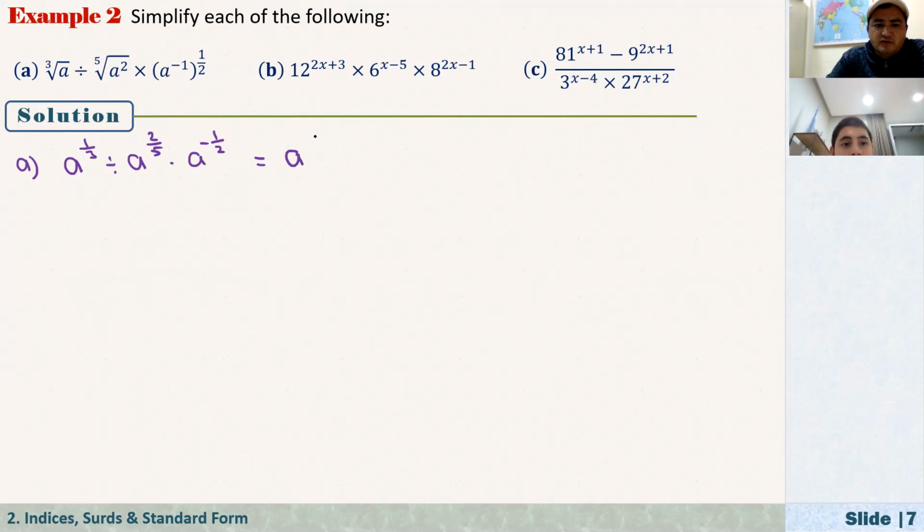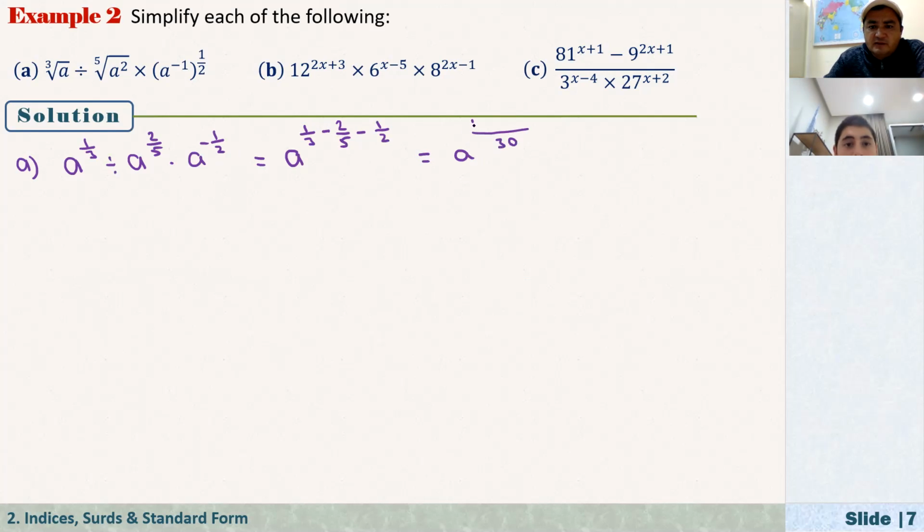Here we have a to the power of 1 over 3. It is divided, so it is minus 2 over 5. And multiplied, it is plus, but because of this it is minus 1 over 2. And we can just simplify this. What is it? The common denominator is 30, right?